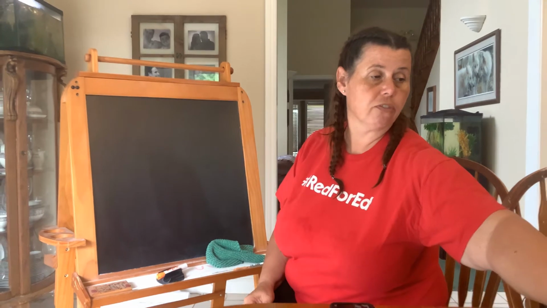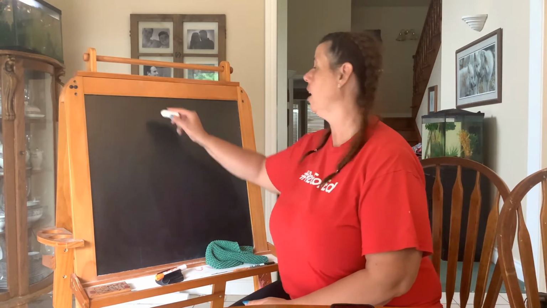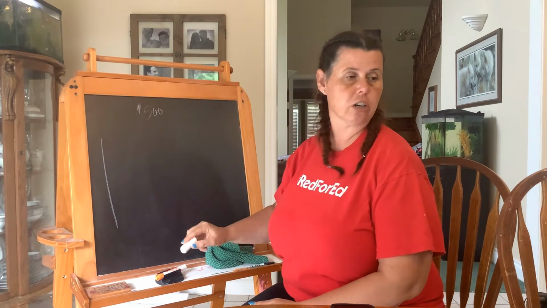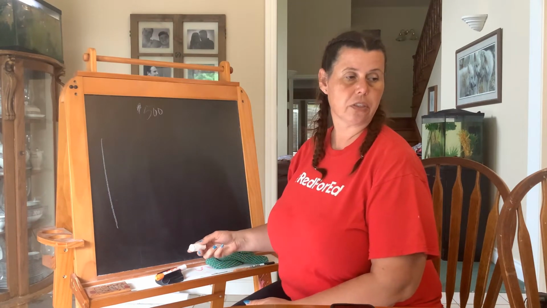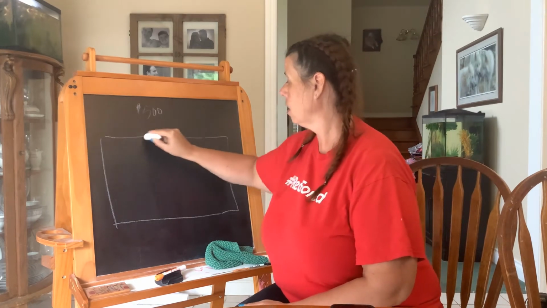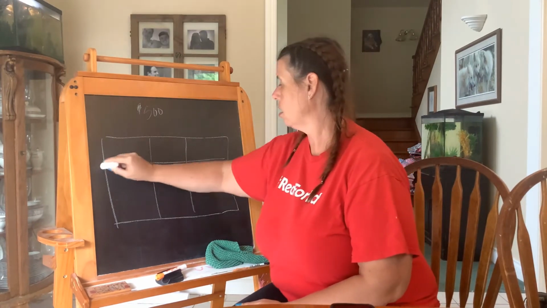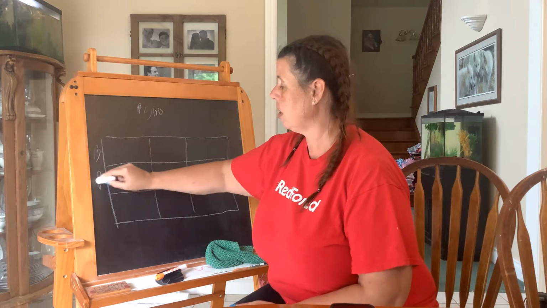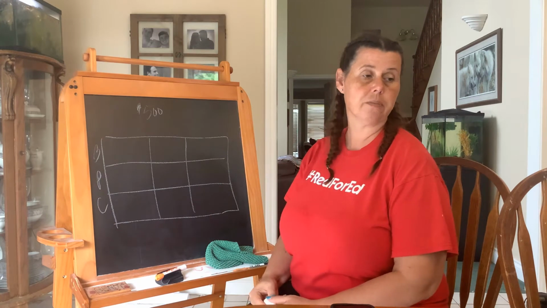Okay, number 4. A painter spent 500 bucks on art supplies. Okay, so we got a chart with, I'm just going to go 3 by 3. Okay, so these are brushes, these are paint, these are canvas, right?